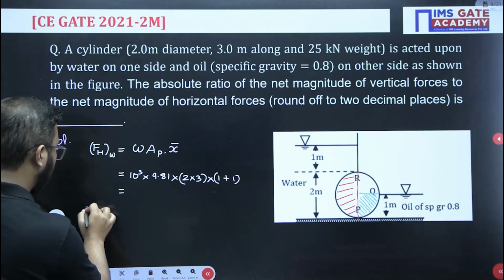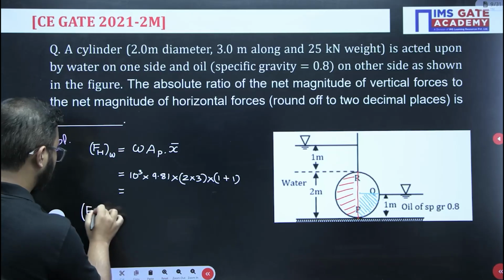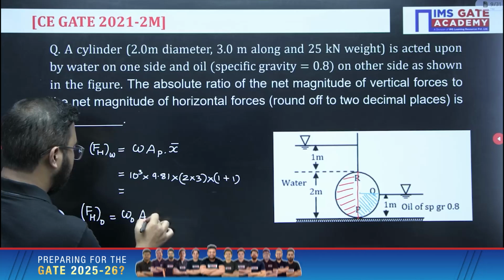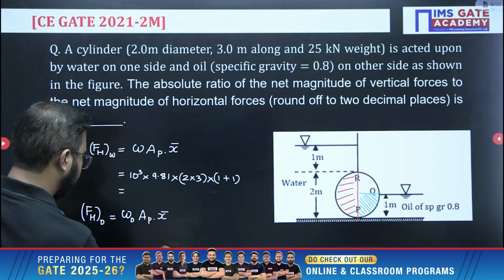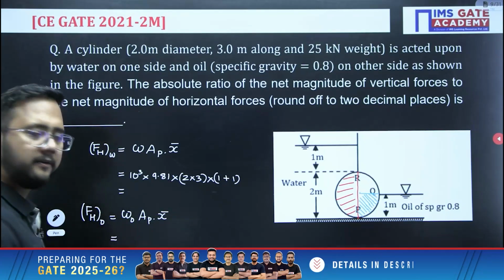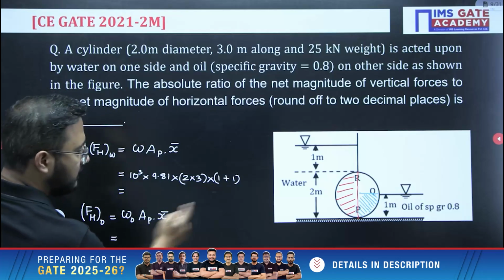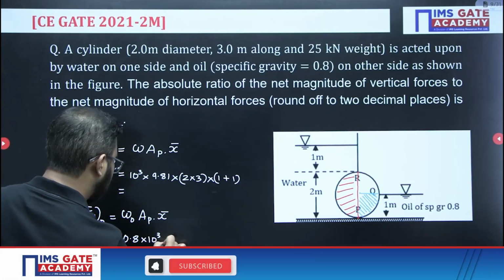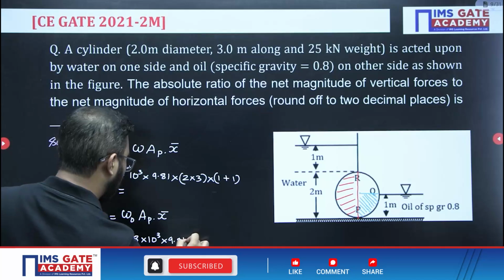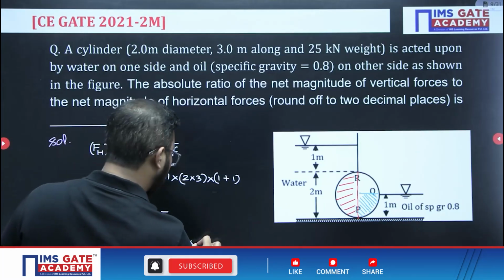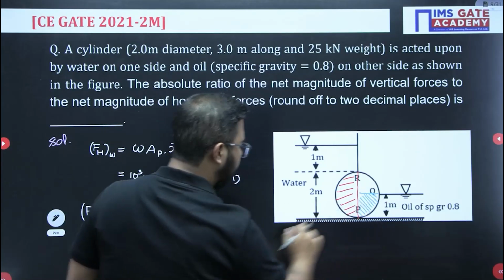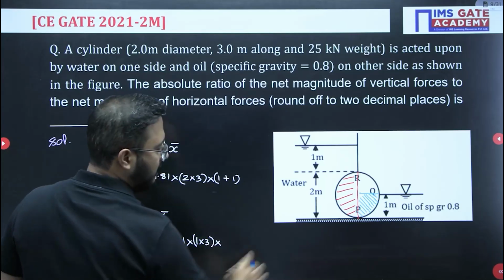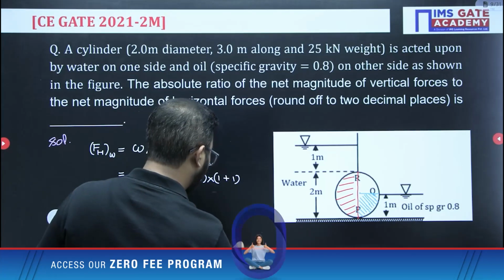Similarly you will calculate the horizontal force because of oil, that is specific weight of oil into projected area into x bar, like this. Now specific weight 0.8 into 10 to the power 3 into G 9.81 into projected area, this distance is 1 meter, so 1 into 3, into x bar, that x bar will be nothing but 1 by 2.